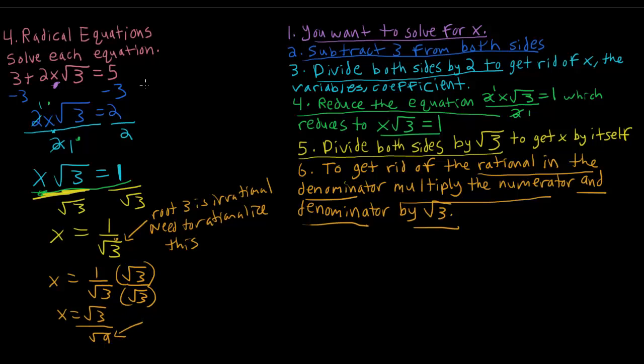Root 9 is really the same as 3, so it can be simplified to 3, and we completely get rid of the radical in the denominator, which was our goal. So we end up with x equals root 3 over 3.